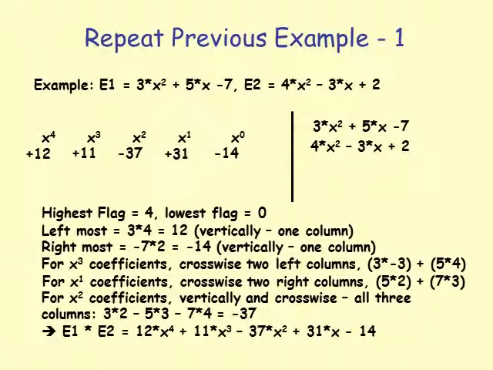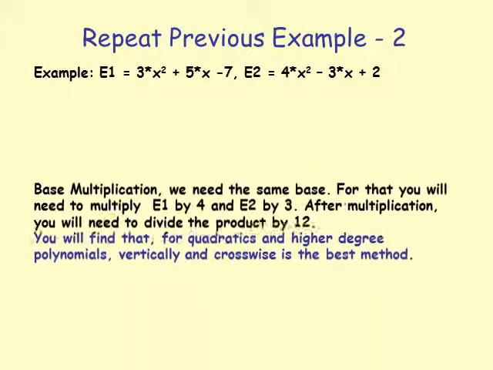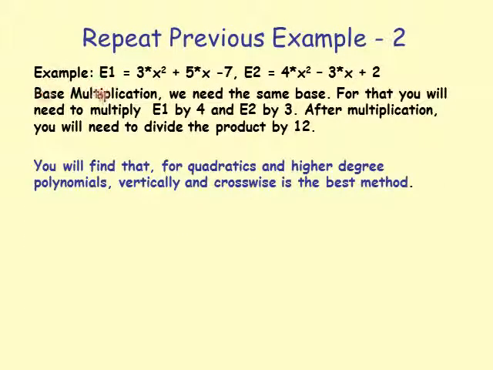Let's continue here. So the product E1 times E2 is 12x fourth plus 11x cubed minus 37x squared plus 31x and minus 14, just like before. Let's continue. In the previous example, E1 and E2 needed the same base.